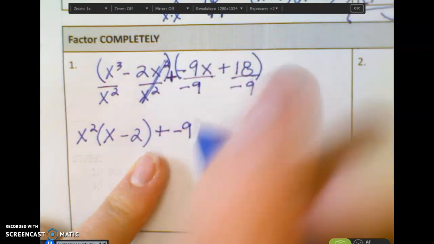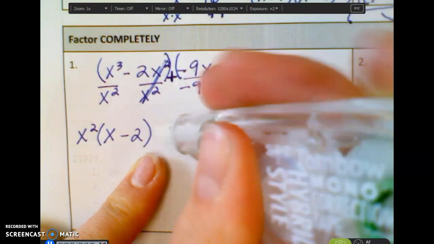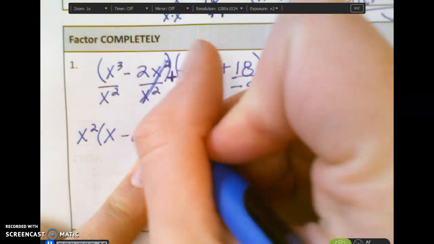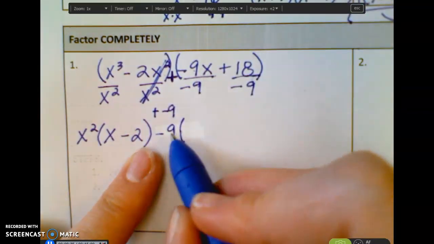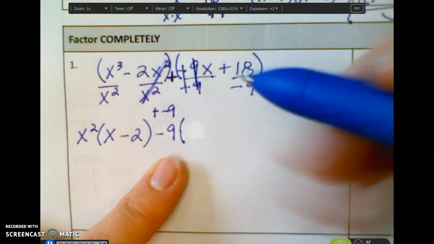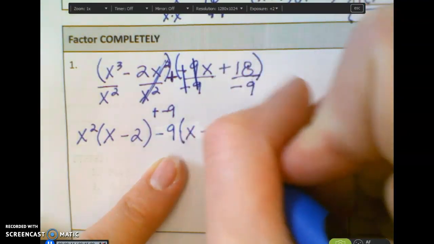Well, I have plus a negative 9. Another way to write that is by just writing minus 9, because plus negative 9 is the same thing as minus 9. Well, there's our GCF, minus 9, and then what's left over? The 9's and the negatives cancel, so we have x, and 18 over negative 9 is negative 2.